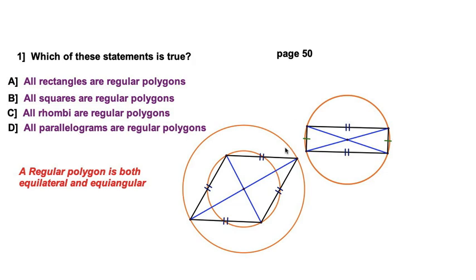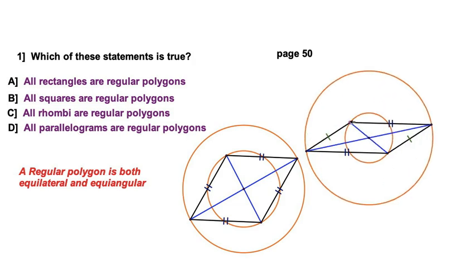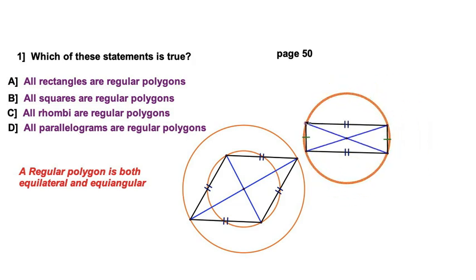Now, by definition, a regular polygon is both equilateral and equiangular. So this guy, no dice, whether I'm talking about the parallelogram or the rectangle. Either way, that can't be. Now this rhombus is equilateral.